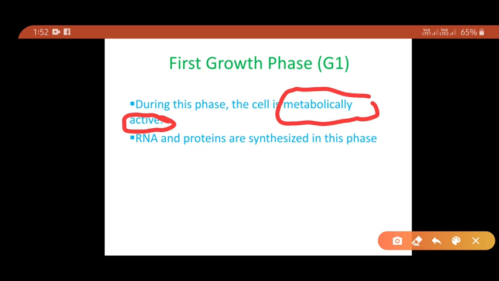Those reactions occurring inside the cell are called metabolically active. And in this growth phase, RNA and proteins are synthesized, which means that if there is a cell, RNA and proteins are synthesized in this phase.